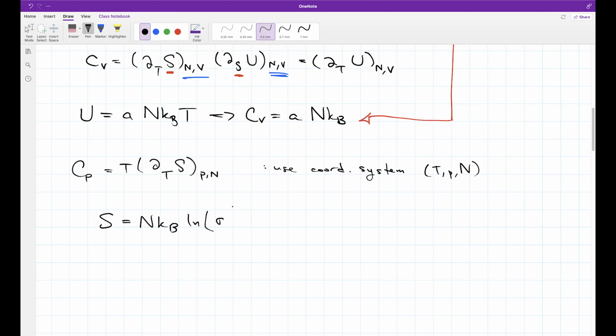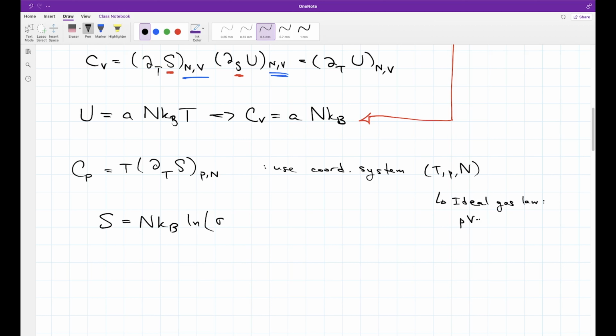All right, so now let's rewrite the Sackur-Tetrode equation in that coordinate system. So now we can't use V over N. We'll need to replace V with P, T, and N. And to do that, we'll just use the ideal gas law. Recall that the ideal gas law is the same for the monatomic and diatomic versions of the ideal gas.